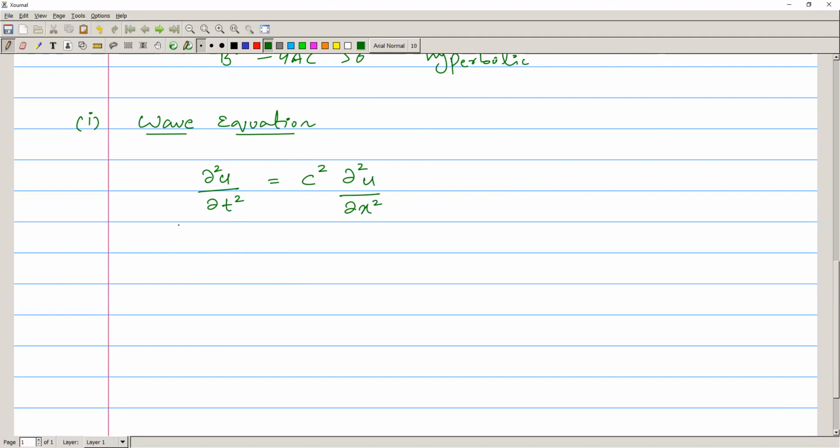If we want to find what kind of equation this is, elliptic, hyperbolic, or parabolic, we just need to organize the equation by simplifying, taking everything to the left hand side, so that it equals 0.